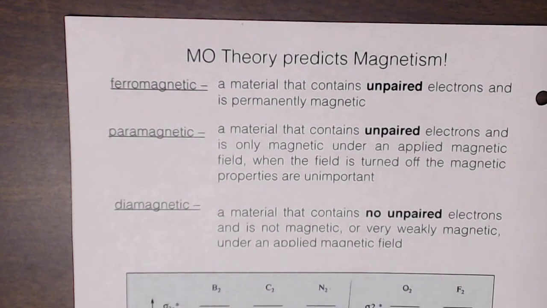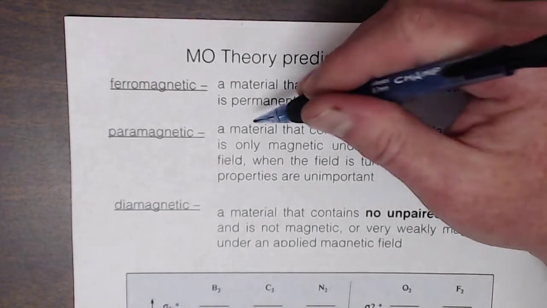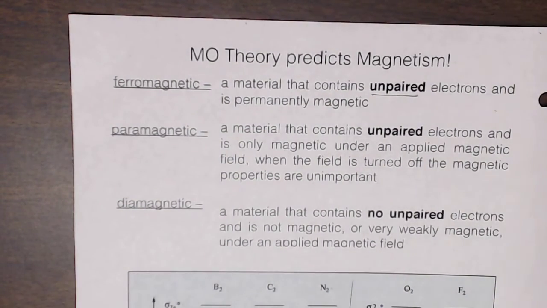As it turns out, MO theory predicts magnetism. So ferromagnetic, this is a material that contains unpaired electrons and is permanently magnetic. So this is typically most magnetic materials you might encounter, like the magnets on your refrigerator are ferromagnetic.